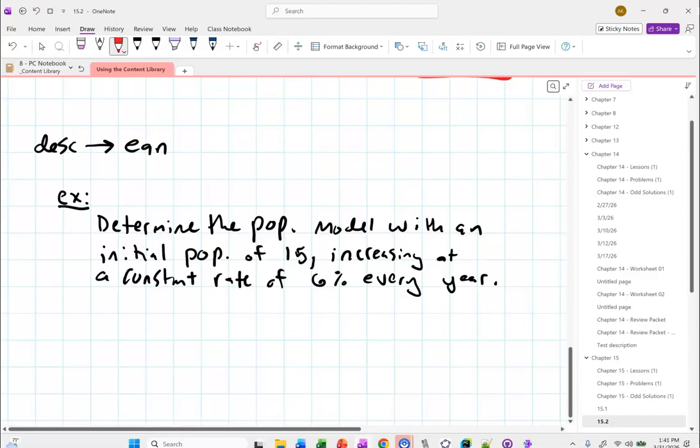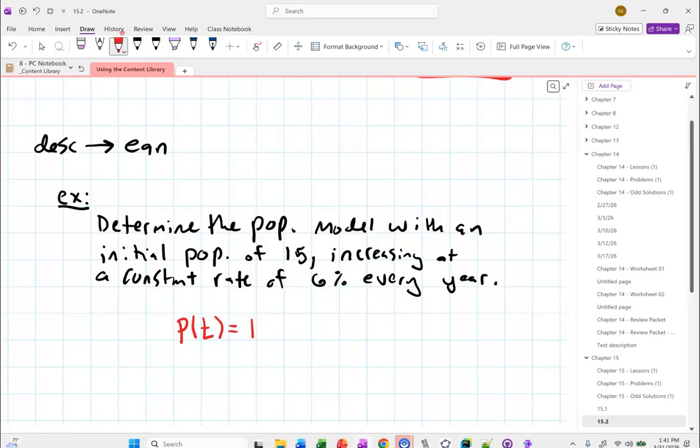Okay. So here it says determine the population model. Since we want a population model, I'm going to use my population equation. I'm just going to be filling in values for it.